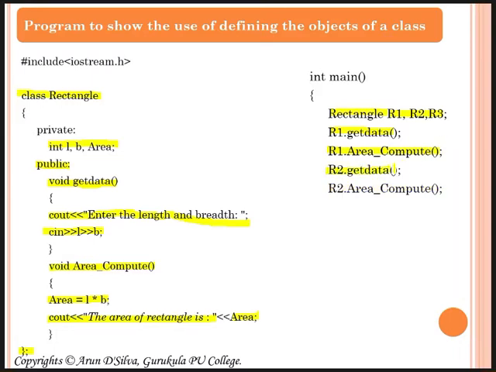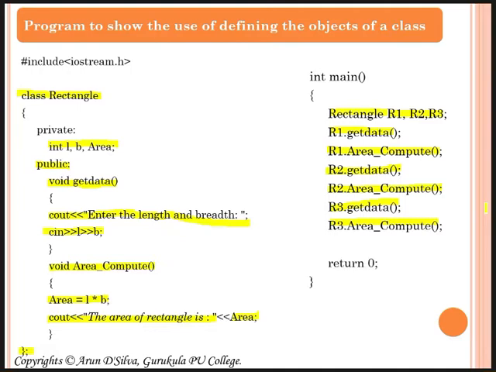Similarly R2 get data, R2 area compute. Similarly R3 get data, R3 area compute. I can make use of these objects for any purpose. This is just an example to make it clear for you.